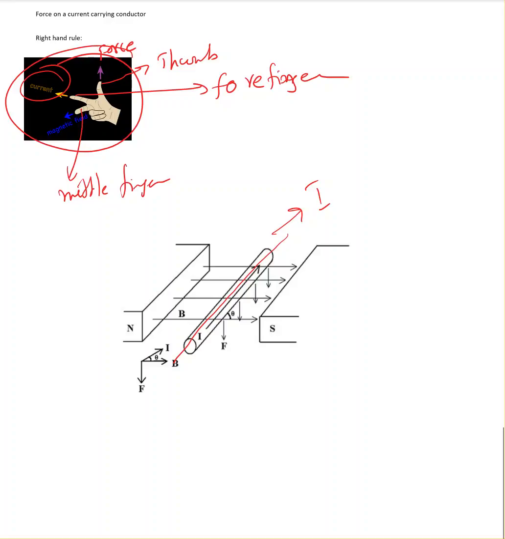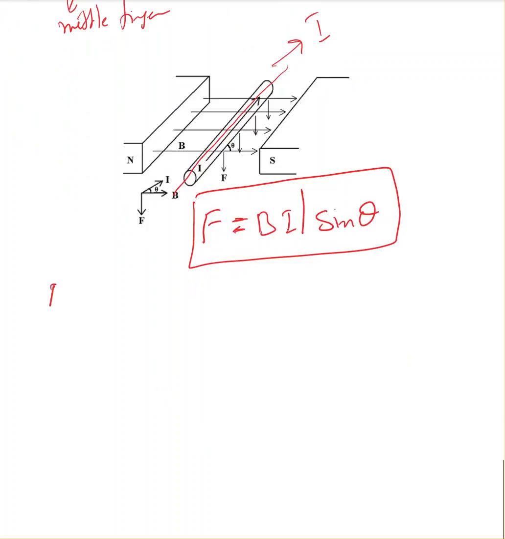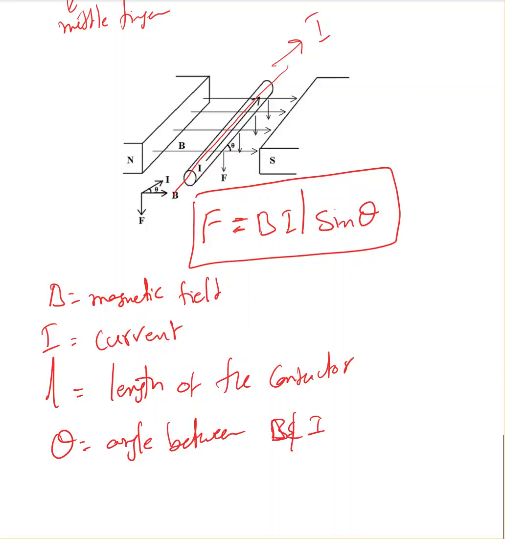The amount of that force, F equal to BIL sine theta, where B is the magnetic field, I is the current in that conductor, how much current is passing through that conductor, L is the length of the conductor which is exposed to the magnetic field, and theta is the angle between B and I.